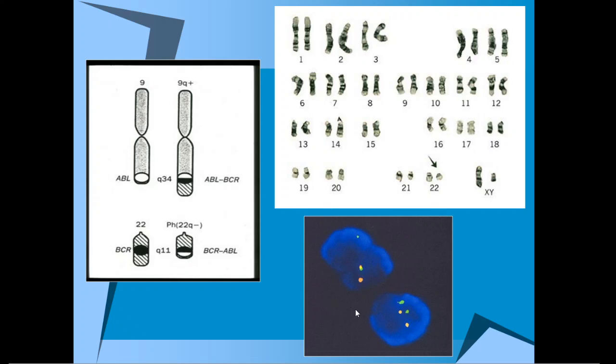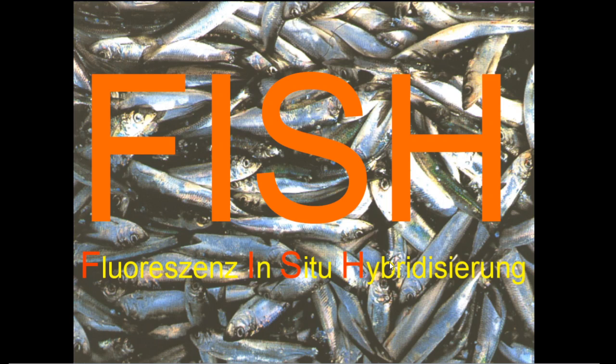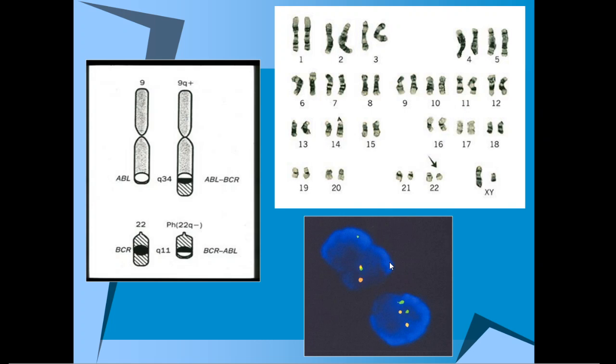And how can we diagnose this situation? This is FISH. What is FISH? This is not just a fish. This is fluorescence in situ hybridization. This blue cloud is the normal situation. Here we have two different chromosomes, equal, and here we have the same.